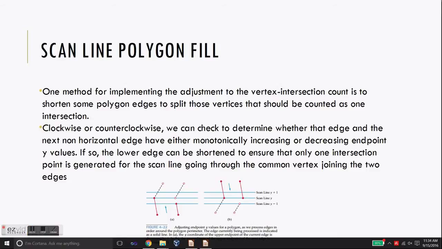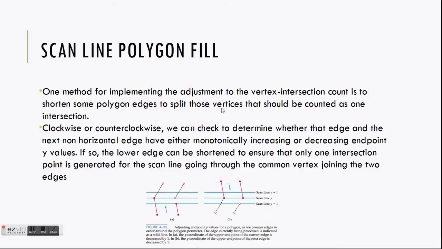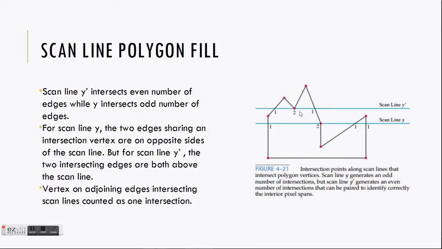One of the methods for implementing the adjustment of the vertex intersection count is to shorten some polygon edges to split those vertices that should be counted as one intersection. Here we see 2 intersections, 1 intersection.